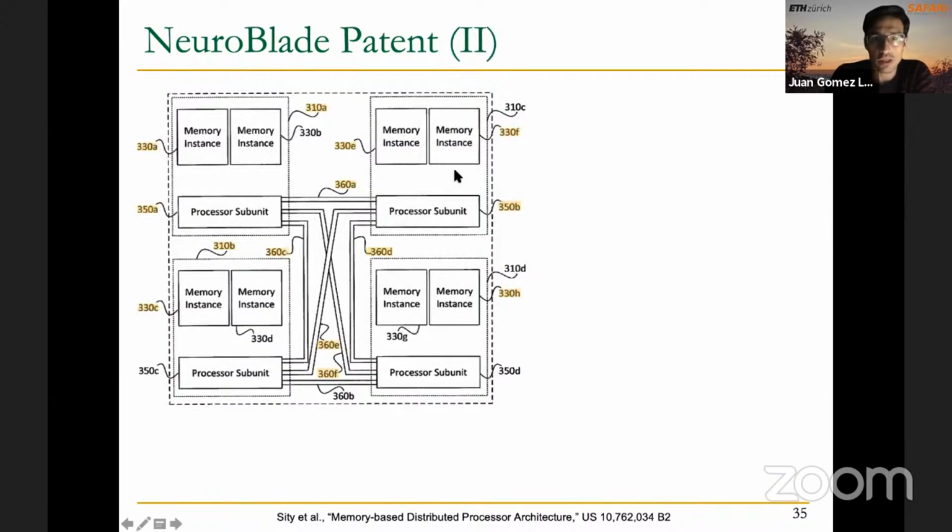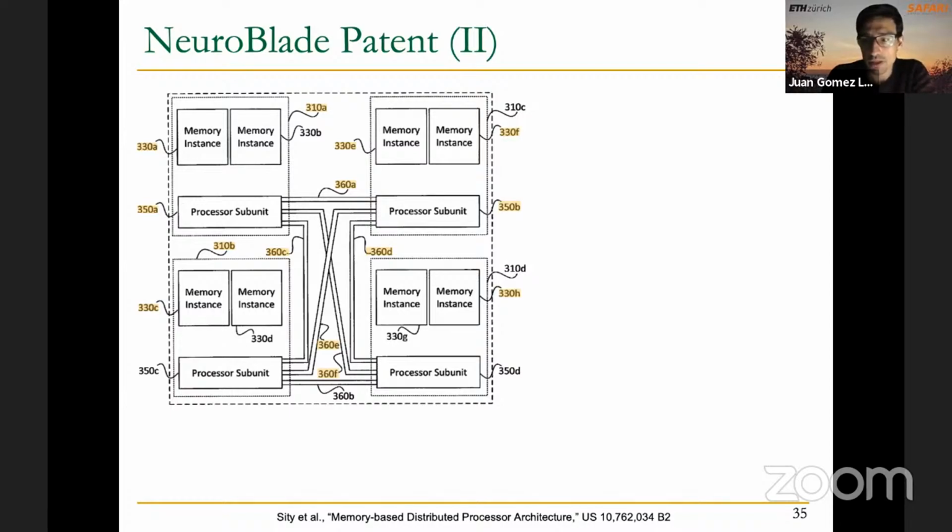Actually, if we take a look at this picture, which is also coming from the patent, we can identify different memory instances, I guess these will be memory banks. Near them, we have processor subunits, and we can also see these direct communication channels. In this system with 4 processor subunits, we see that they are connected all to all, right?